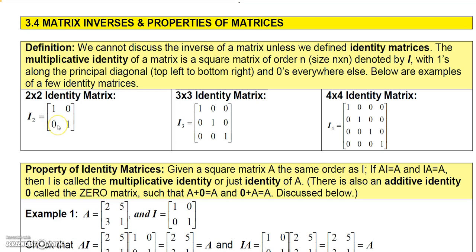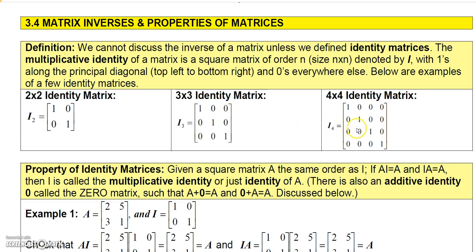And identity matrices have to be square matrices, so this would be a 2 by 2 identity matrix. Now for a 3 by 3 identity matrix, it would look like this, where you have again 1s down the diagonal as you go from the top left to the bottom right, and then 0s in all the other entries.